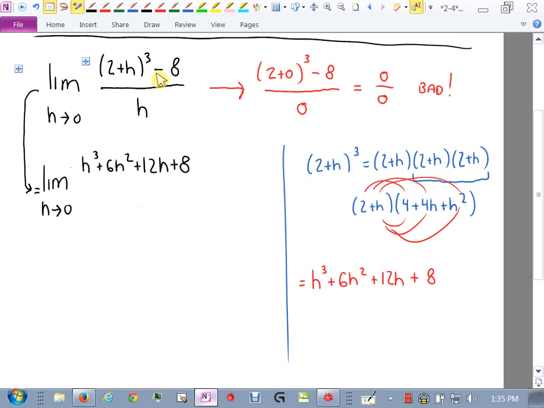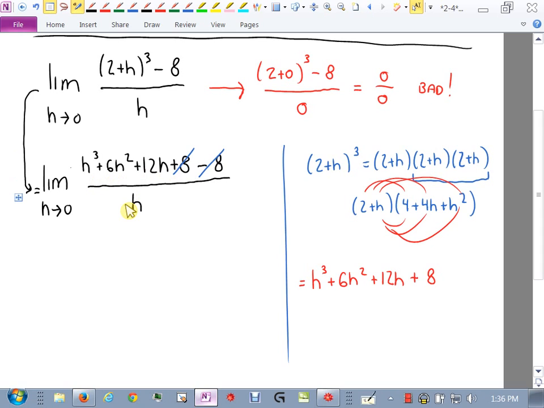But what am I going to subtract from that? 8. Oh, well, isn't that nice? You see what happens? After you cancel, if you let h go to 0 now, you're still going to have 0 over 0.